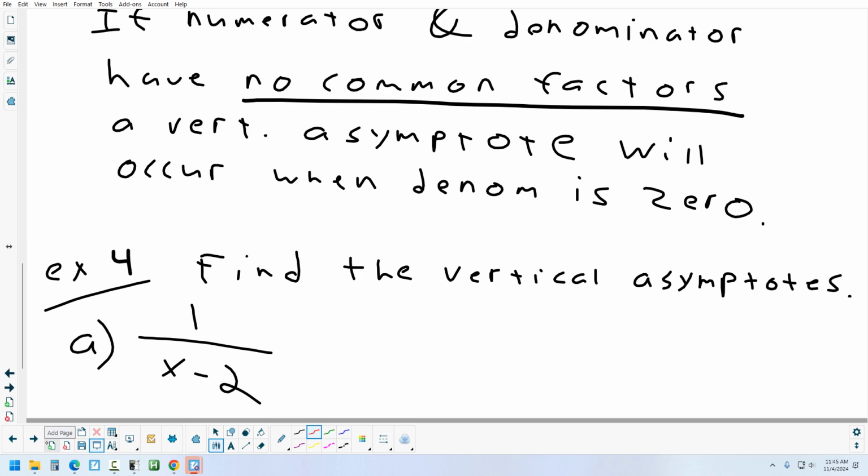So that means whatever makes the bottom 0 will be a vertical asymptote. Okay. What value makes the denominator 0? 2. And because it's a vertical asymptote, what letter goes by itself on the left? X equals 2. That's it. That's the vertical asymptote.